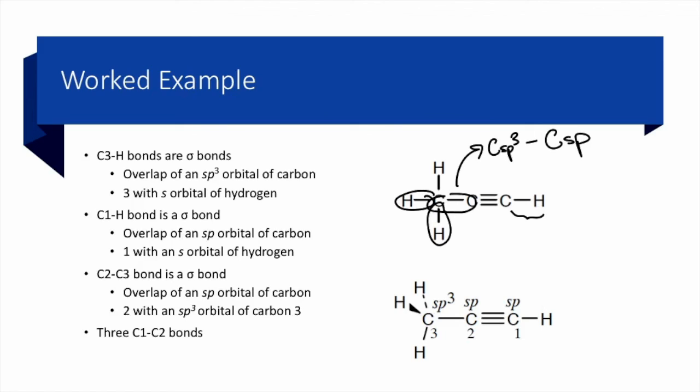And then for the carbon-carbon triple bond, well, there's 3 bonds in a triple bond. One of those bonds is the sigma bond. That's formed by the overlap of the sp hybrid orbitals. And the other 2 bonds are pi bonds, which are formed by the overlap of unhybridized p orbitals.